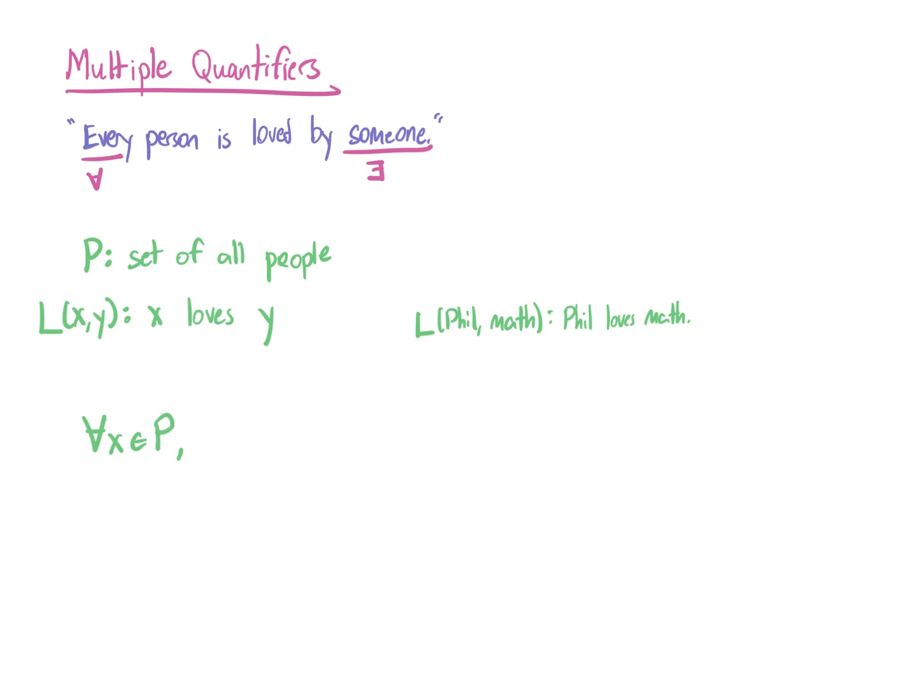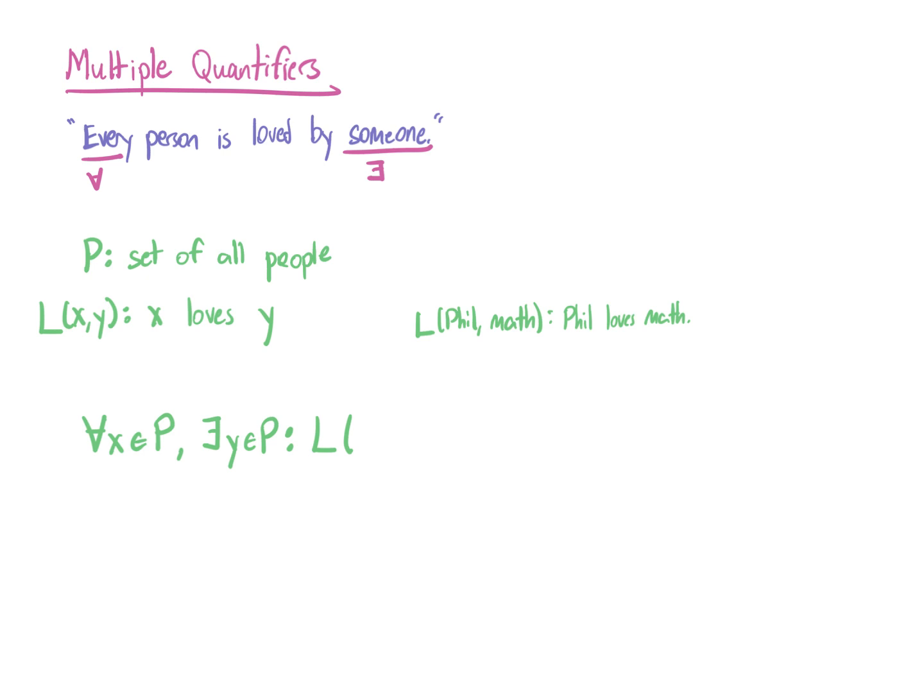I'll put my comma here. For all X in the set P, so for every person, there is someone who loves them, or there exists somebody who loves them. There exists an element Y also in the set P, such that, now we have to be a little bit careful about our order with our two-symbol predicate.